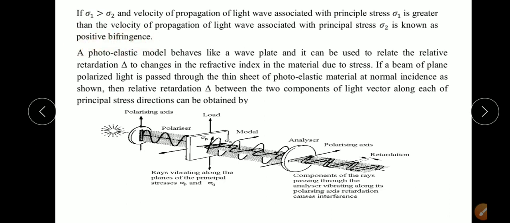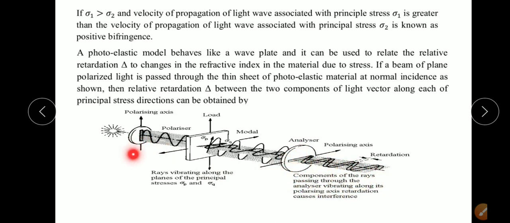Next, for the further solution of the photo stress optic law, here we are considering the retardation. You can see this diagram. This is actually a polarization diagram. There is one source, and in front of that source you have the polarizing lens, which is a polarizer, then one model in the middle, then an analyzer, and then you find some waves.